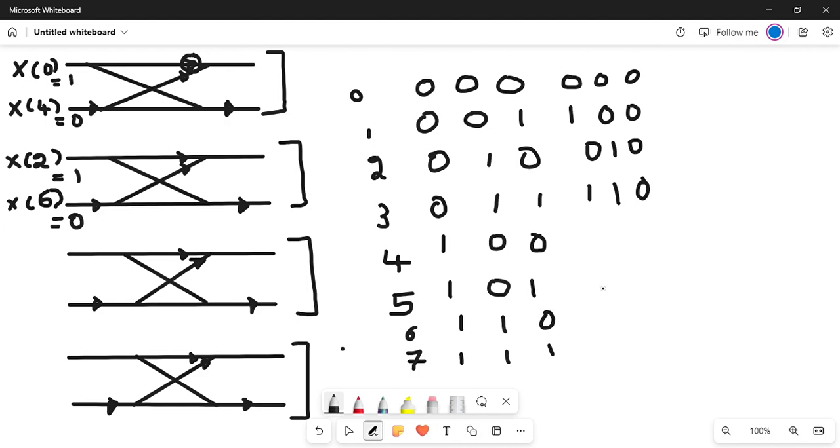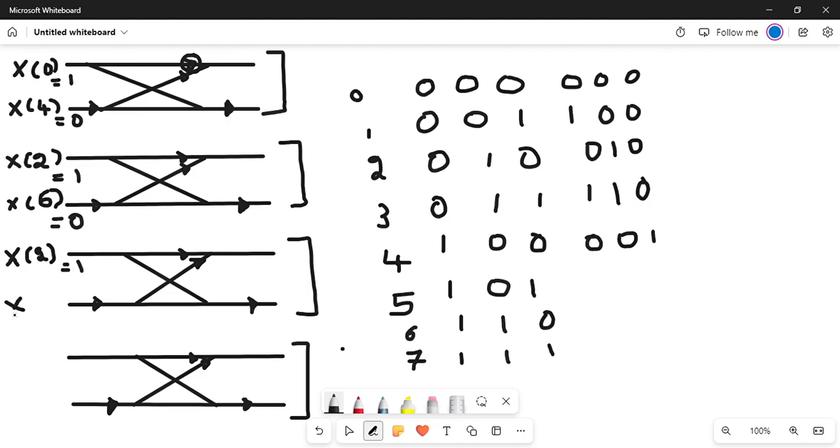Now once again this is 0 0 1, which is equal to 2, so x of 2 is equal to 1, right?